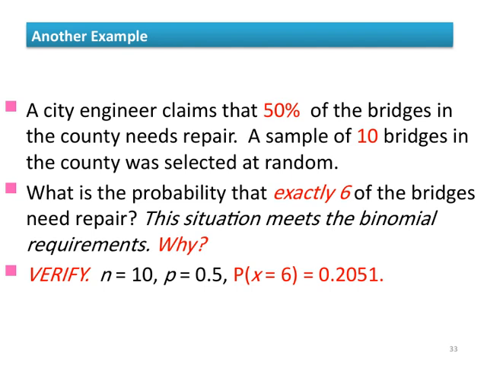This example illustrates how binomial probabilities help us understand the likelihood of a specific number of successes, in this case, bridges needing repair, in a fixed number of independent trials. It ties back to our overall theme of understanding binomial situations and calculating precise probabilities.